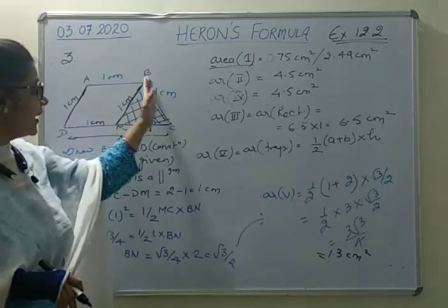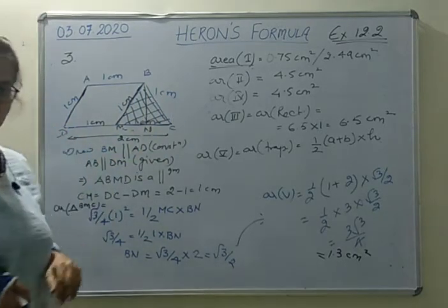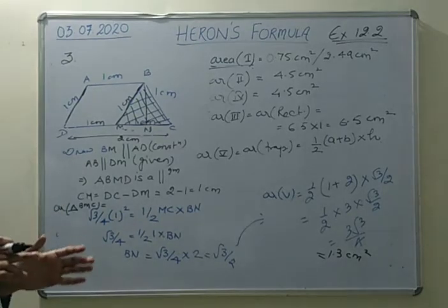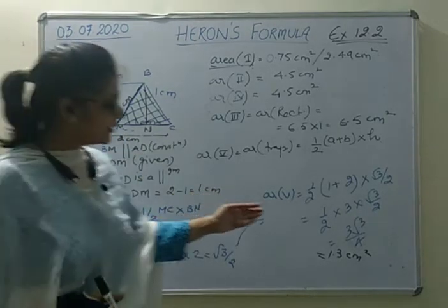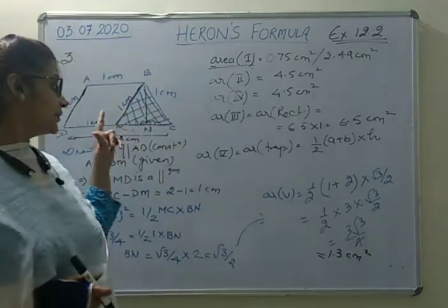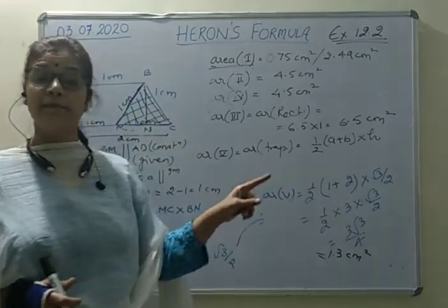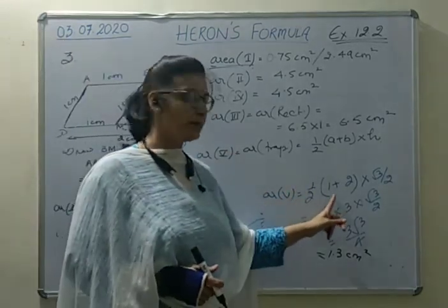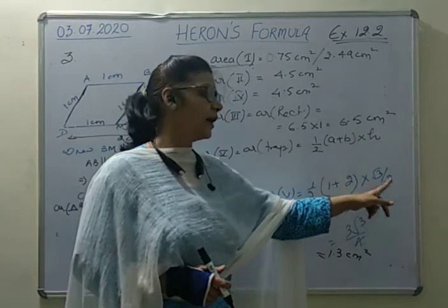And in this ABCD trapezium, height of the triangle is same as the height of the trapezium. ठीक है? So we will find the area of the fifth portion by the area of trapezium, which is equal to half sum of the parallel sides into height.